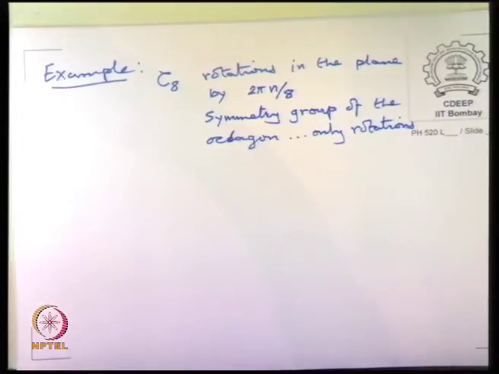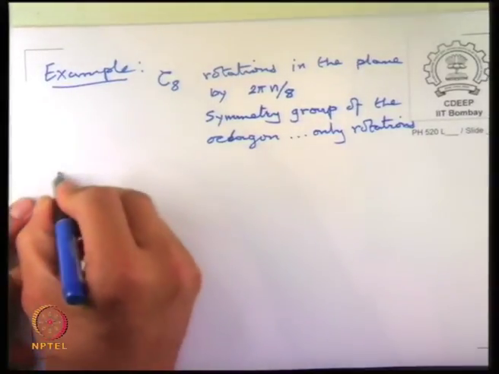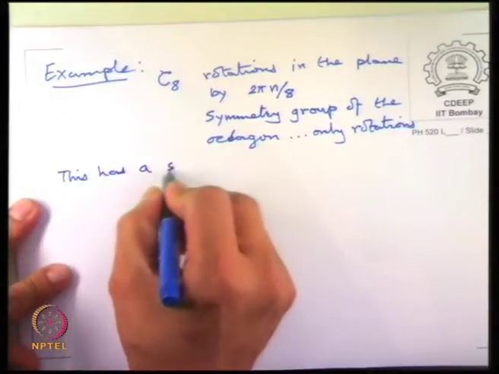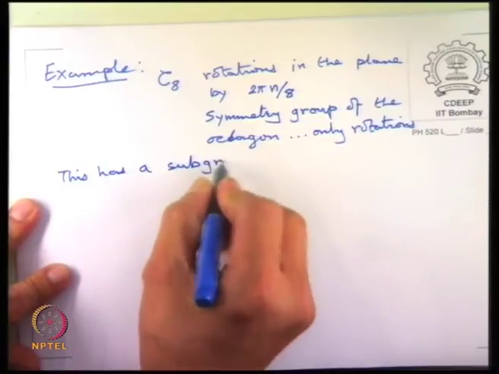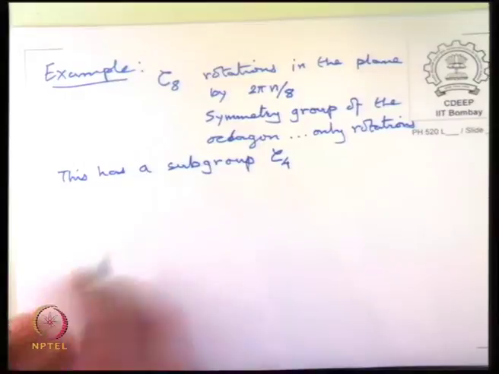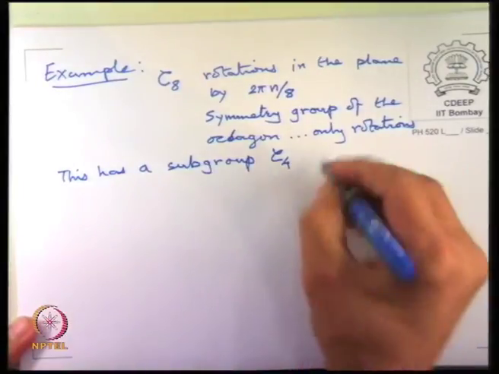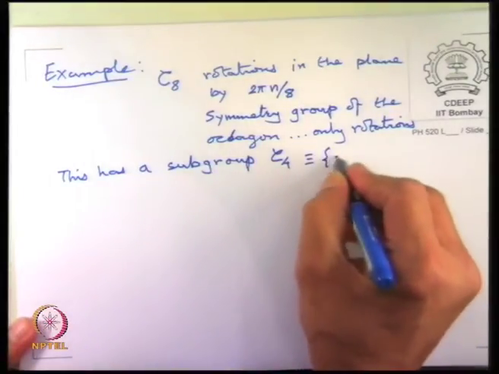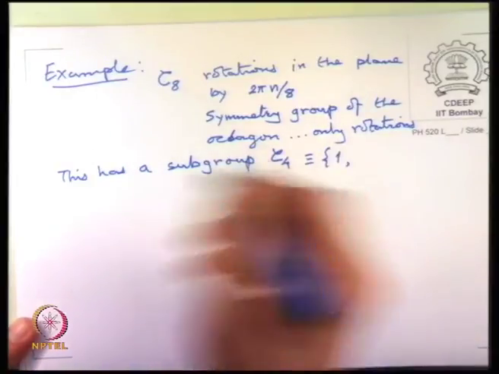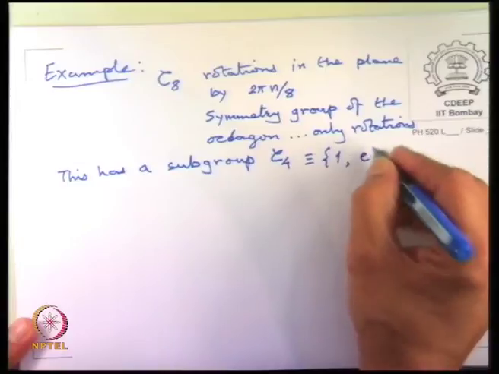This has a subgroup which is say C4, which is what we already saw, pi by 2 rotations.